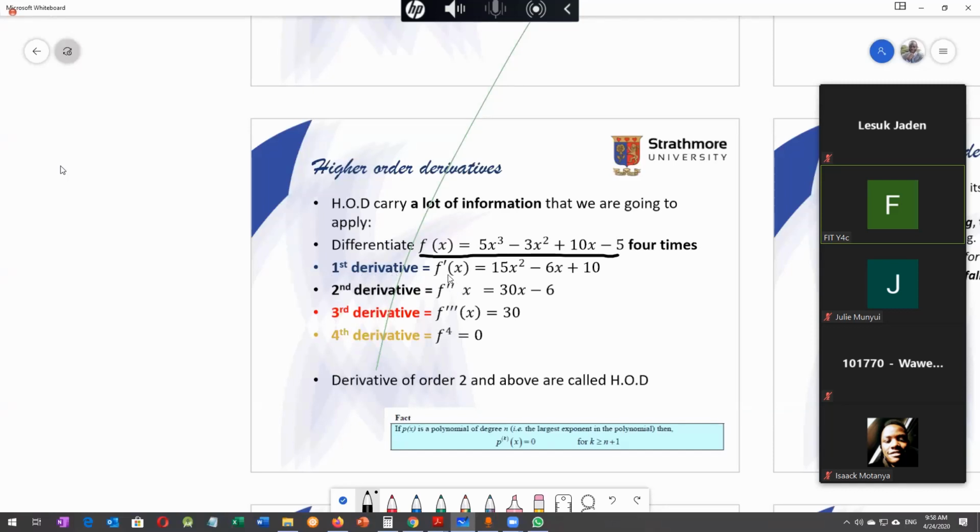Then if I derive my answer, I get the second derivative, 30x minus 6. Then if I derive this one, I get the third derivative, which now is 30. Then if I do the fourth derivative, now I get a 0, because the derivative of a constant is 0. We call these the high order derivatives.